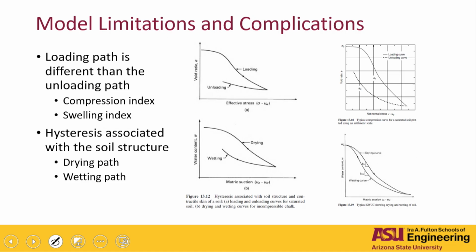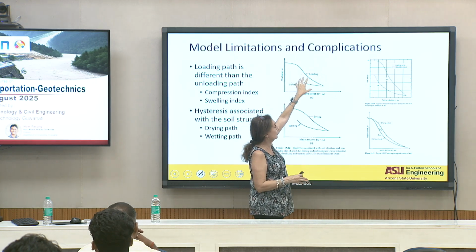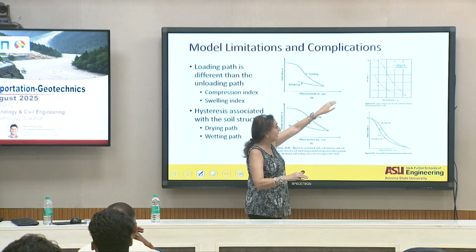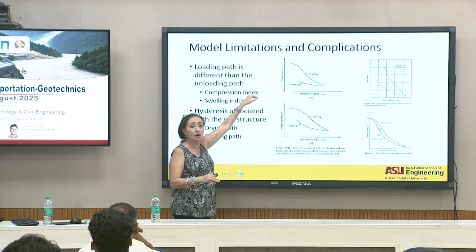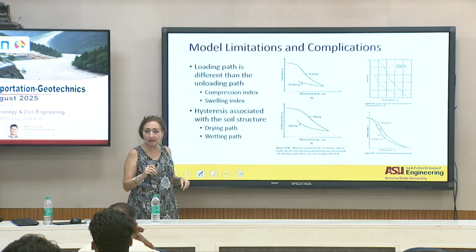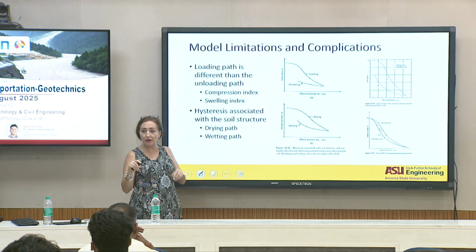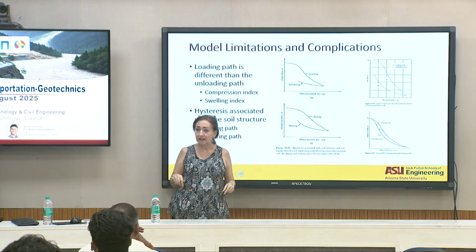There are limitations and complications, like we were discussing during the break. The loading part is different than the unloading part. So we're going to need a constitutive surface for the loading, and another one because we get a different unloading value. Instead of being the C sub c, it's going to be the C sub s, right?